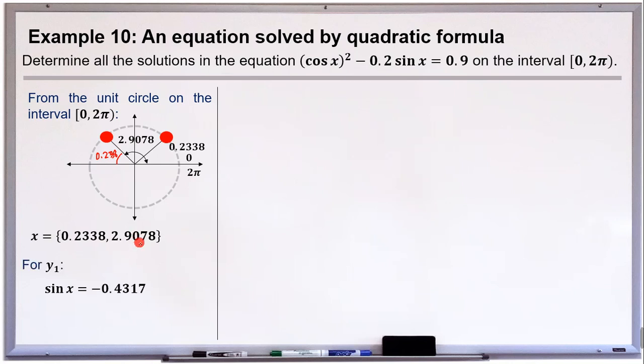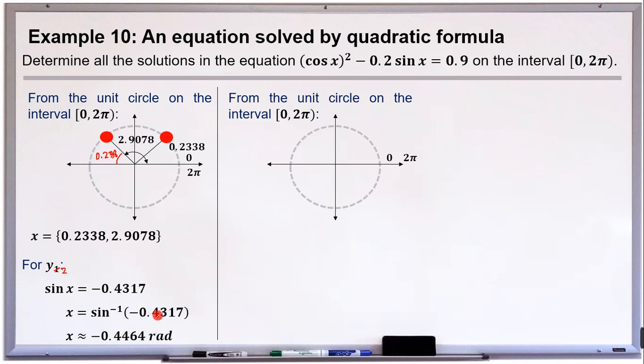2.9078. Now for the second value of our y, we have sine x equals the value of our y2. Okay, this is not y1 but y2. That's negative 0.4317. Taking the arc sine, it will give us an angle roughly equal to negative 0.4464 radians. Now from our unit circle, the angles that will give us a sine of negative 0.4317 are located in both quadrant 3 and 4, because the signs here are all negative.